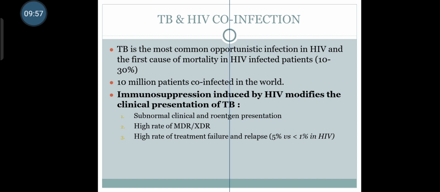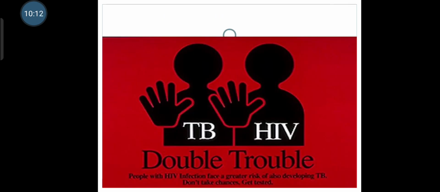So, 5% recurrence is there in normal tubercular patients, but less than 1% recurrence in HIV patients. That is treatment failure in HIV patients.